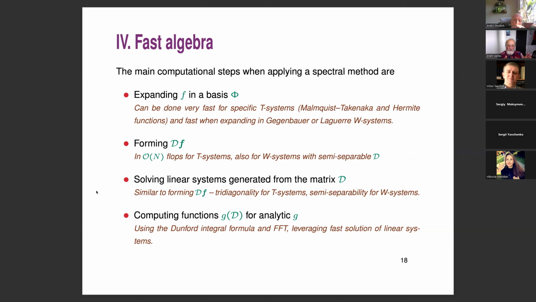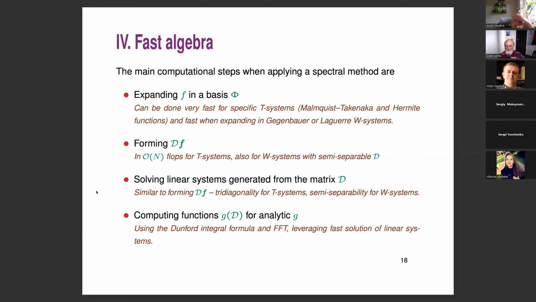So for T-systems, D is a tridiagonal system, so we can multiply D times f in order n operations. D is n by n, or n plus 1 by n plus 1, counting from 0. This is very fast. You cannot do it faster. Also for W systems, as long as we have a semi-separable matrix D, we can do it in order n operations. Later I'll show you how.